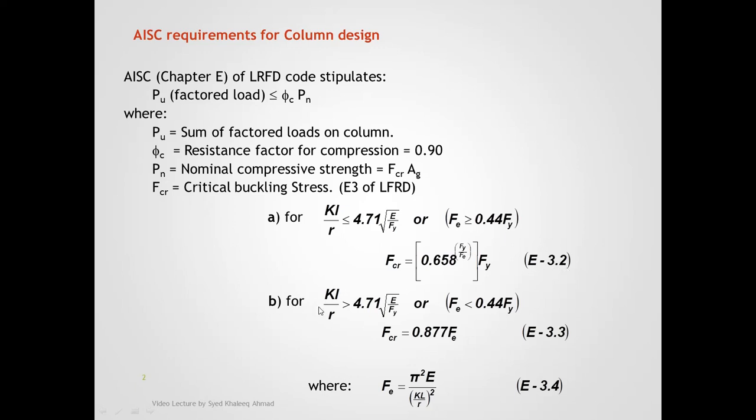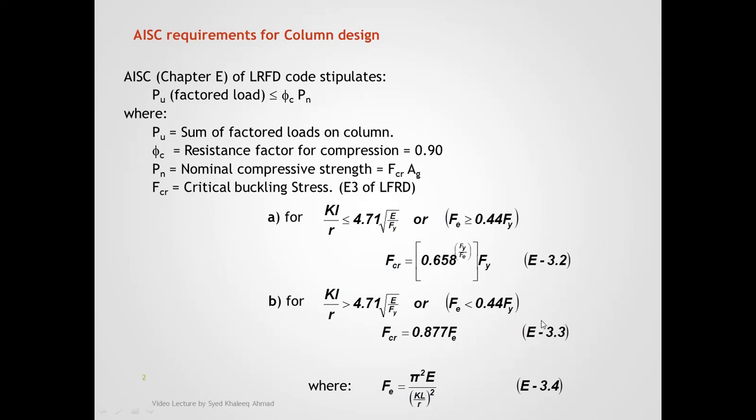The second condition is for KL by r greater than 4.71 square root E upon Fy. If this value is greater than 4.71 square root E upon Fy, or Fe is less than 0.44 Fy, then critical stress is taken as 0.877 Fe.